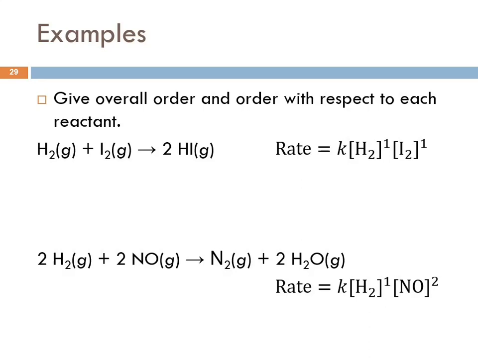What's the order with respect to hydrogen? What's the exponent on the hydrogen? 1. So it's first order with respect to hydrogen, and what order with respect to iodine? First order. Okay? I probably should have written that down, but the moment has passed.